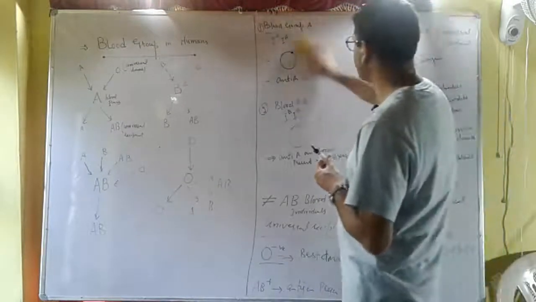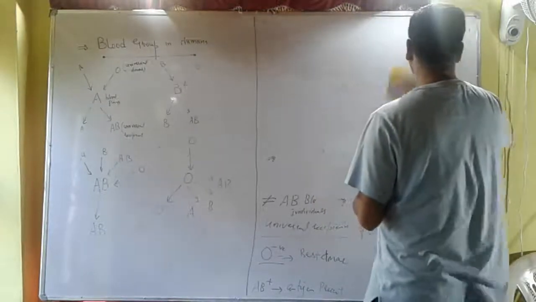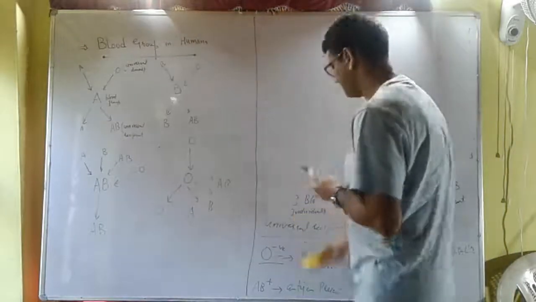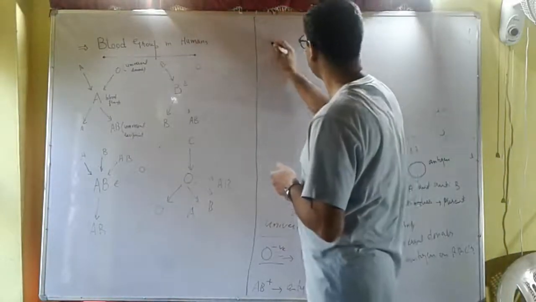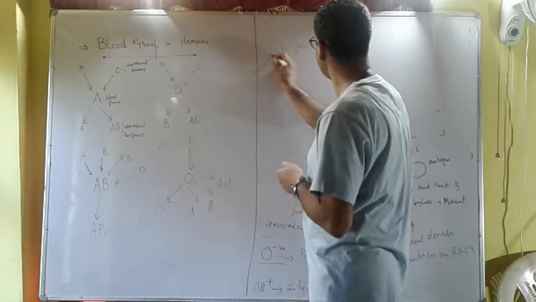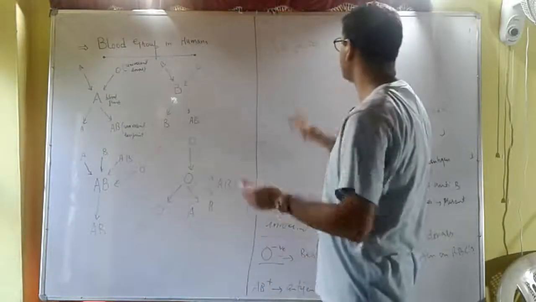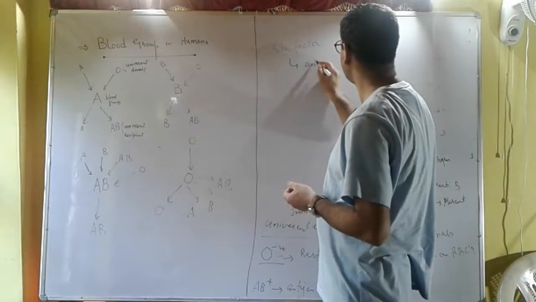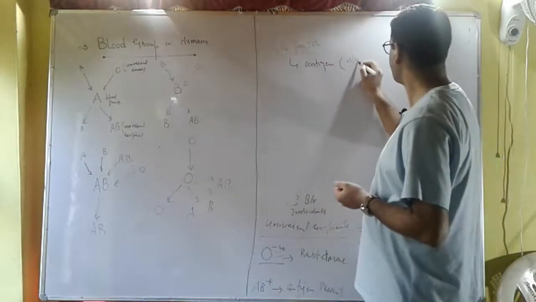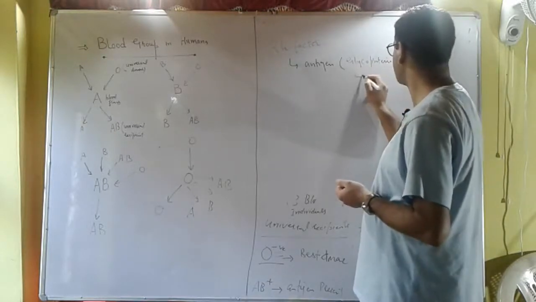There is a term, that is RH factor. What is RH factor? This RH factor is simply an antigen, we can say a glycoprotein, which is present on the surface of RBCs.